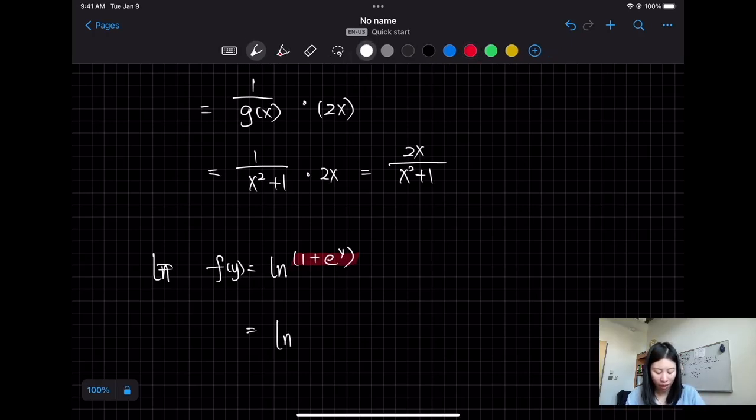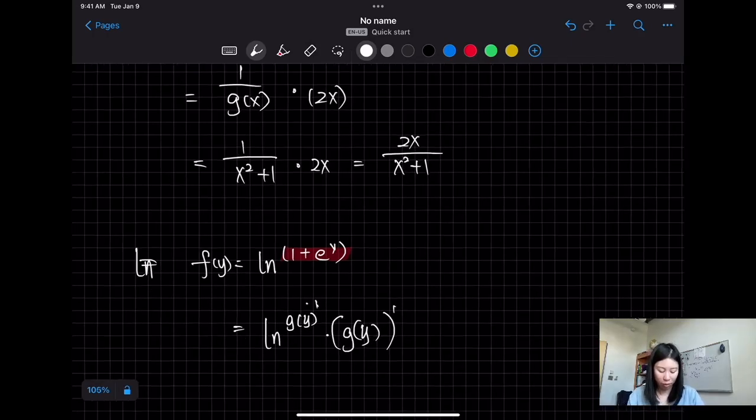So I have ln g of y times g of y's derivative. For ln g of y, I take the derivative at g of y.